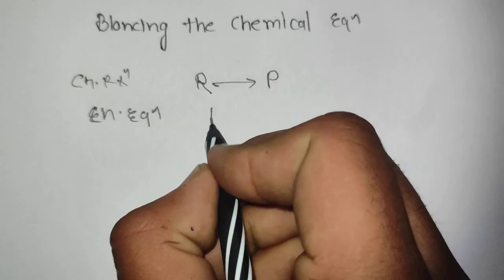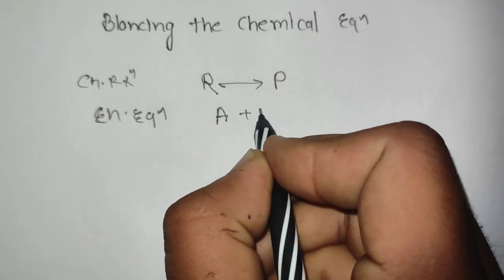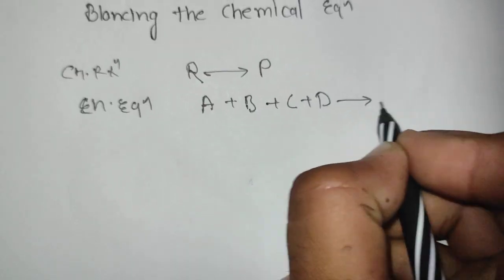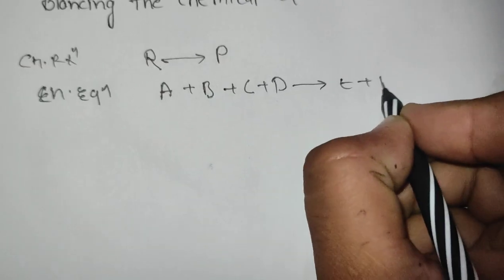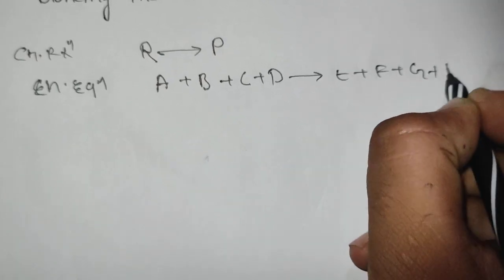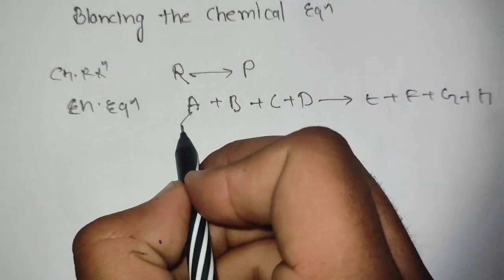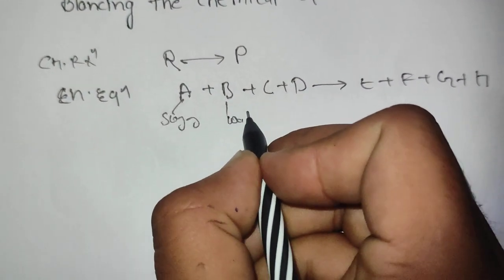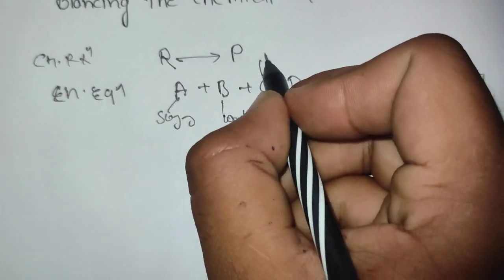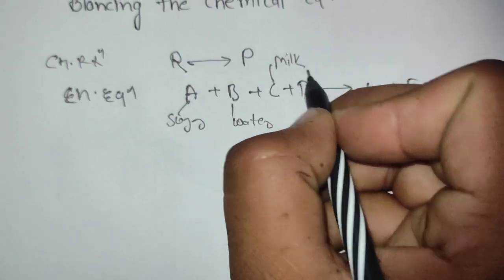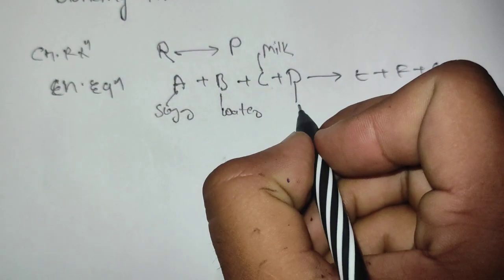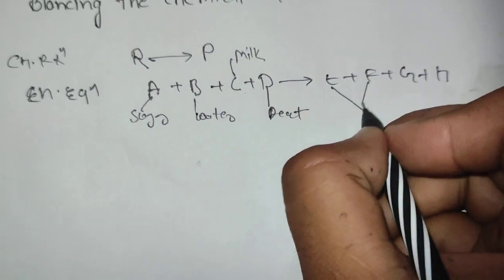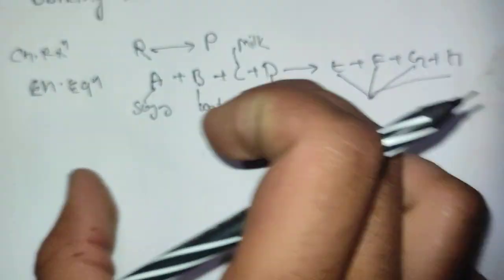So we see reactant A plus reactant B plus reactant C plus reactant D, and they form the products E plus F plus G plus H. For example, A is sugar, B say water, C say again milk, and D say the next reactant. And the product we get depends on the reactants which we have.